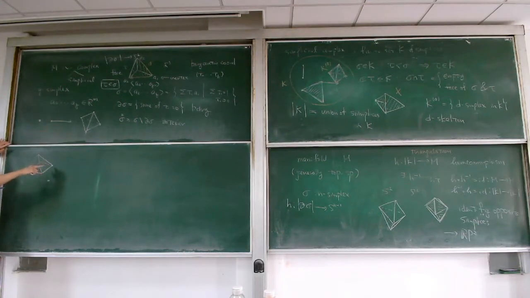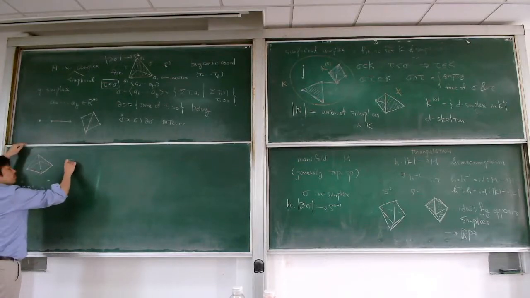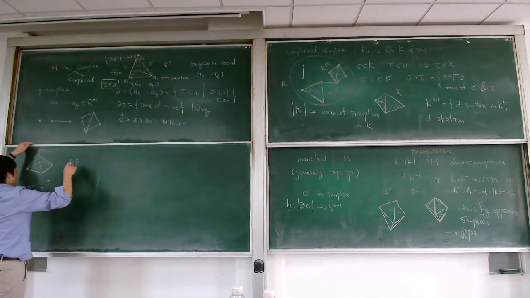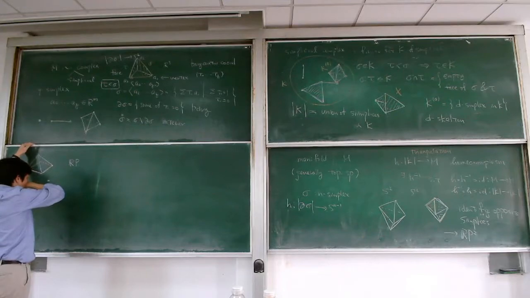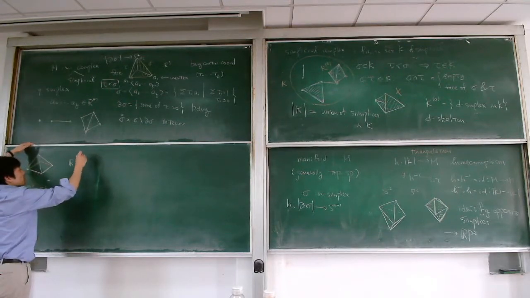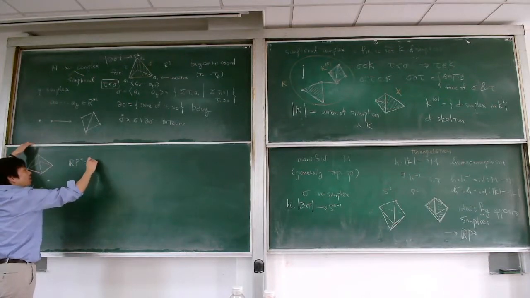And then RP1 is S1, right? So essentially RP2 can be understood as R2.